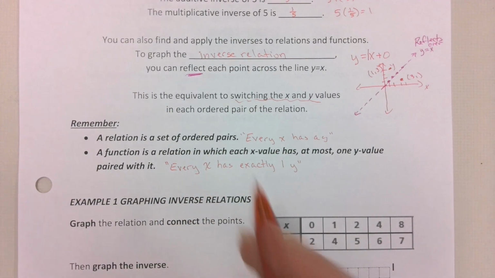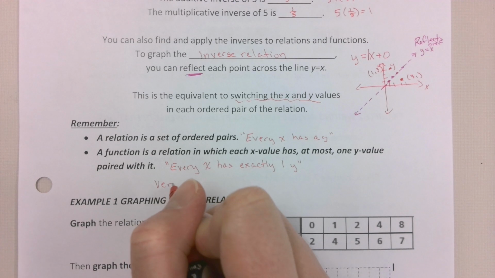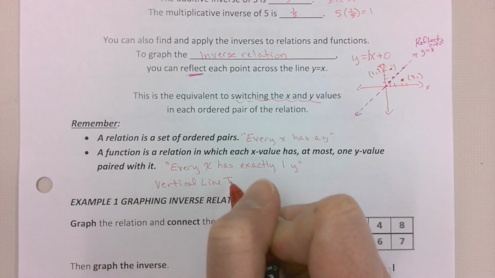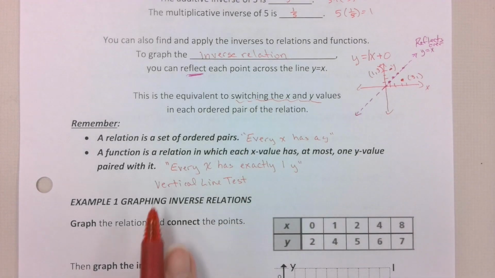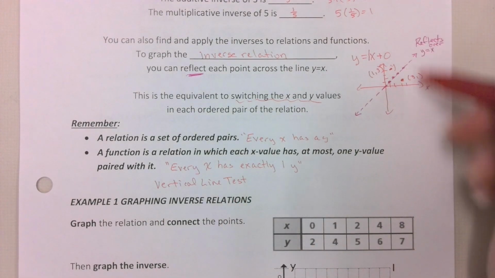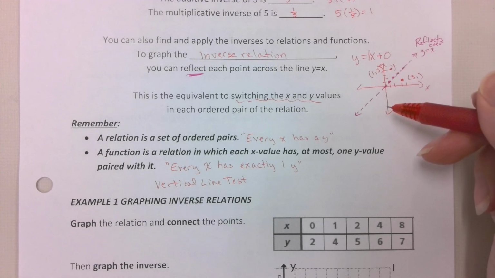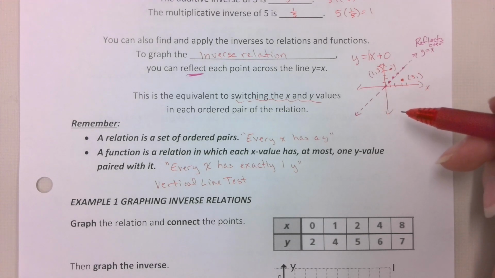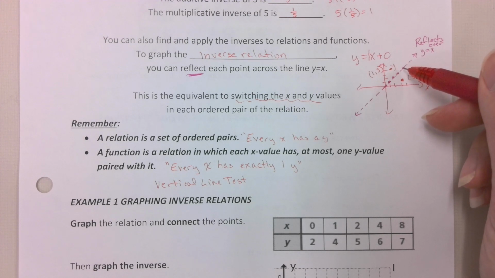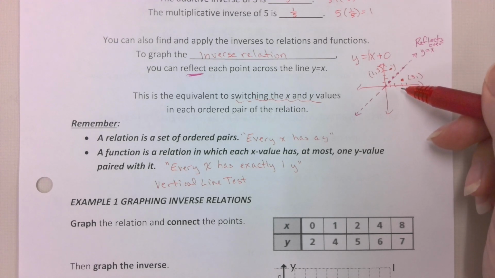If we're looking at a graph, we can do the vertical line test. And so again, these were all things we have done. The vertical line test is actually taking a vertical line and drawing them down through your graph. A vertical line can hit no more than 1 point. If a vertical line hits more than 1 point, that means you have more y values for that x.